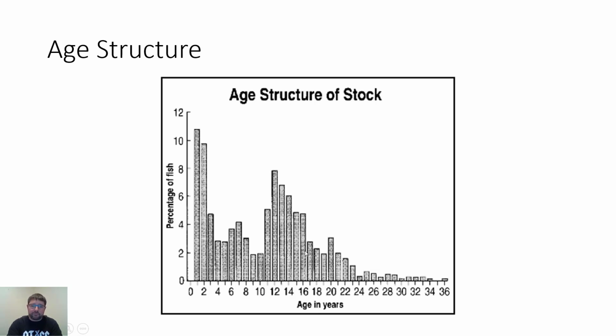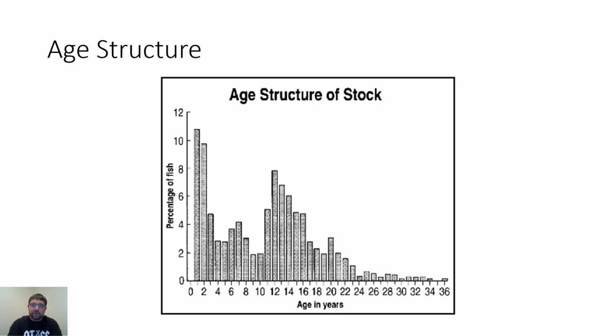If we were to examine something like deer or elk, maybe their maturity mark is 2 or 3 years old, depending on the species, and they might only live till they're about 10 years old. So the graph would be much smaller. But you can still get age structure of the stock as long as you can age the organism. And that's where the different techniques of aging come into play.